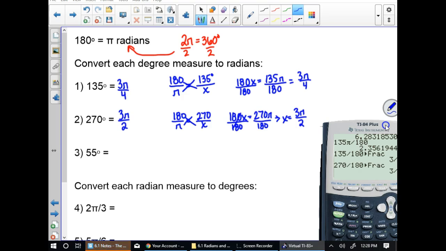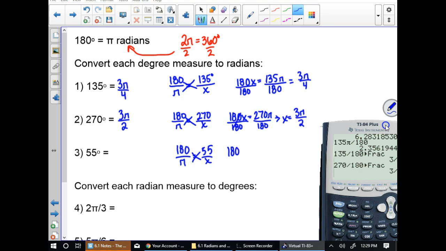Now where this really becomes necessary is when you've got a problem like number 3. Because even if you have the unit circle memorized perfectly, 55 is not on your unit circle. So for this, you would definitely need to set up a proportion, or you'll notice our rule is like multiplying by pi divided by 180, if you'd rather use that rule. So 180 over pi would equal 55 over X. We would cross multiply, just like we did on the last problem.